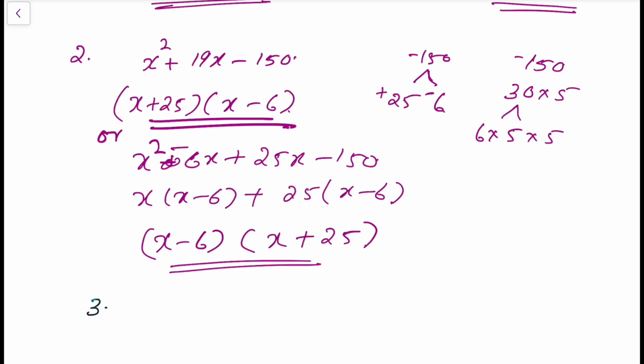Coming to the third question. x squared plus 2 root 3 x minus 24. So you have 2 root 3 in the middle term. So 24 you can write as 8 into 3.